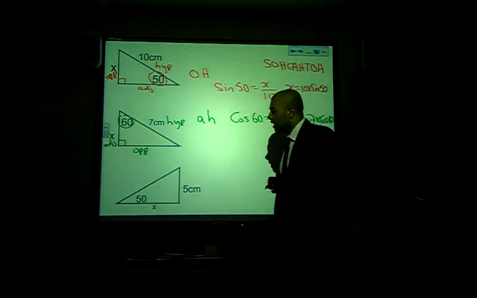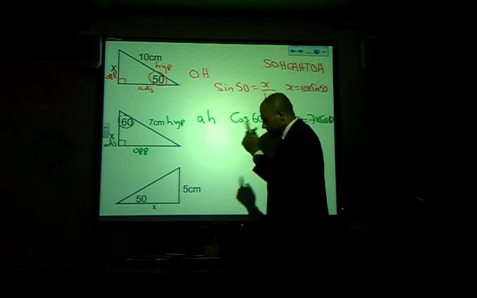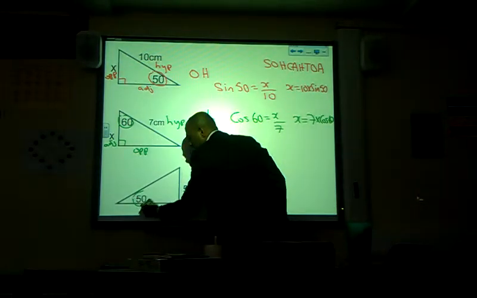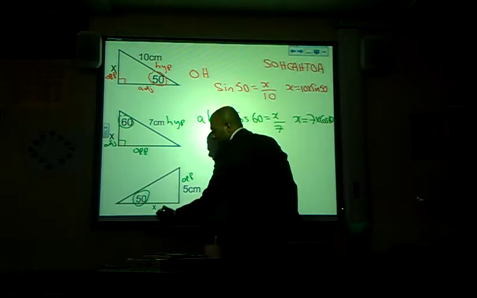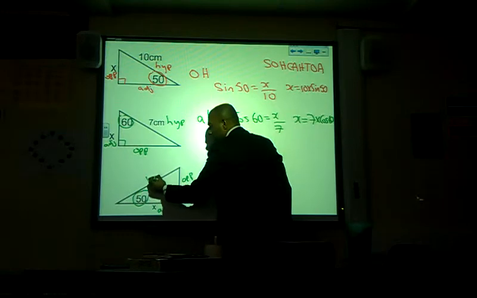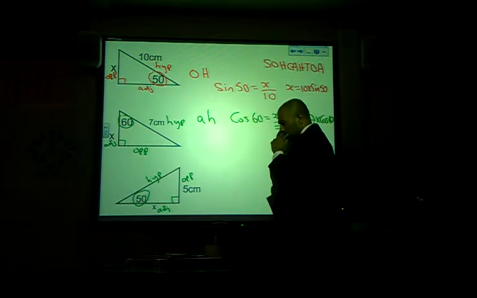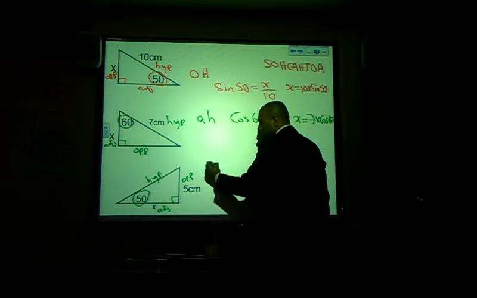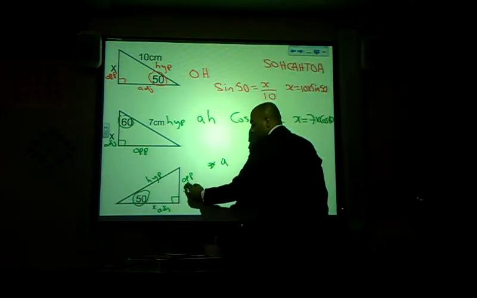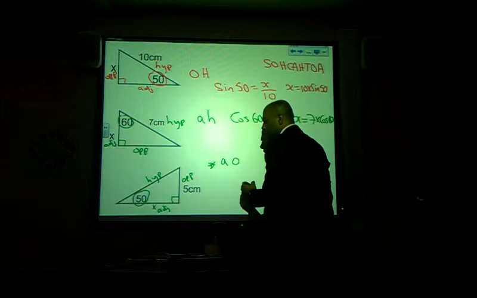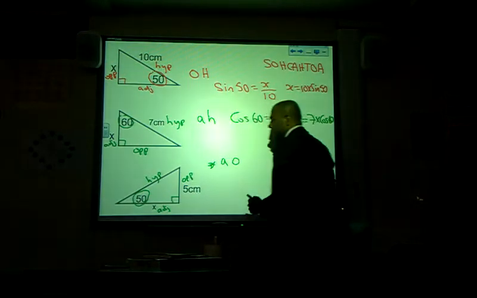Final one. Label the sides relative to the angle. So 5 is the opposite, x is adjacent, there's the 90 degrees, so that is obviously the hypotenuse. So what have they given us? They want us to find the adjacent, and they've given us the opposite, and there's the angle there.